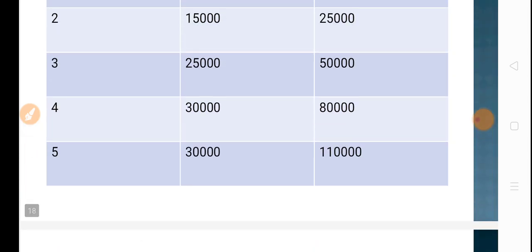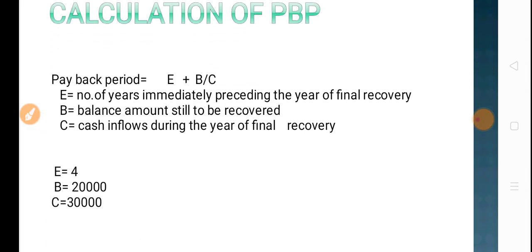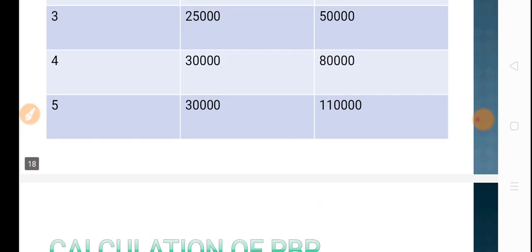You know that we are investing 1 lakh. 1 lakh will be recovered in the 5th year. So we take E as the previous year. Then we will take the 4th year. Then the next one is B: balance amount still to be recovered.